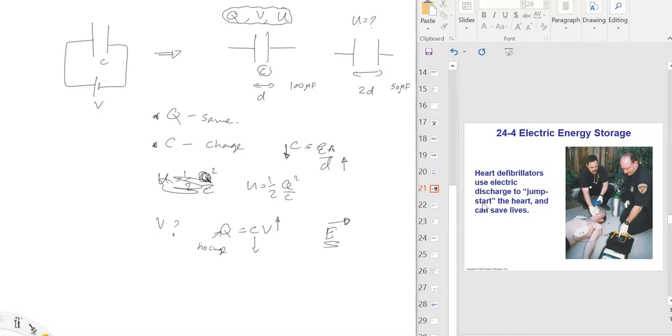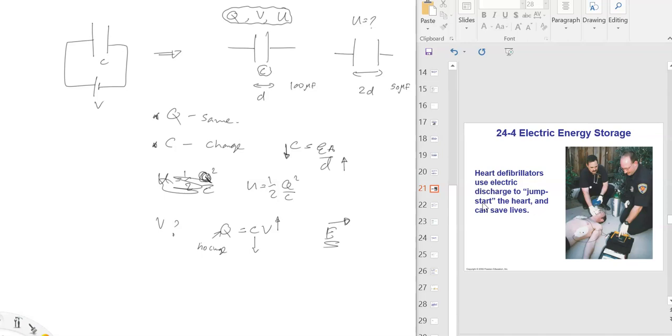And technicians, paramedics, doctors, they first check to see whether the person needs the defibrillation. It depends on what is going on with the heart. If the heart is not pumping, if it's stopped, I think they don't do this. They do something else to bring it back.